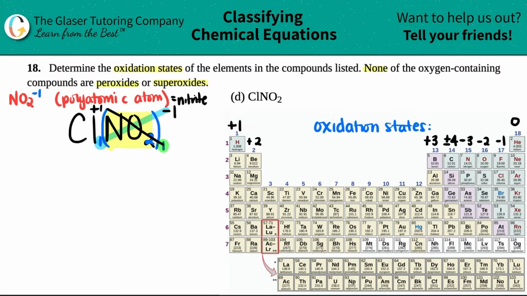So let's write down what we have so far. We have a Cl being a +1 and a NO2 collectively being a -1. Now, since my knowledge of nitrite is that it is a -1, this checks out, which means that this has to check out. So chlorine is a great example of that.